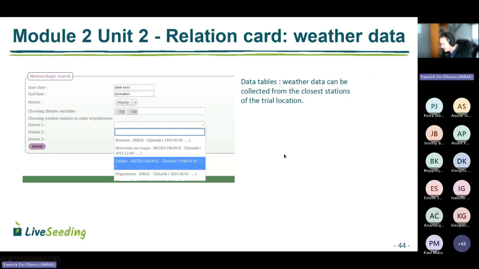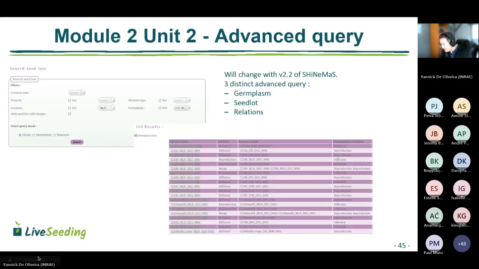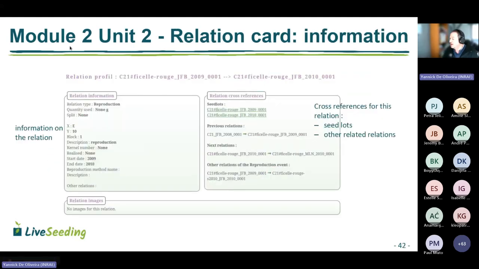You have the location of the trial with the coordinates of the field, and you know that the reproduction occurred between 2009 and 2010.